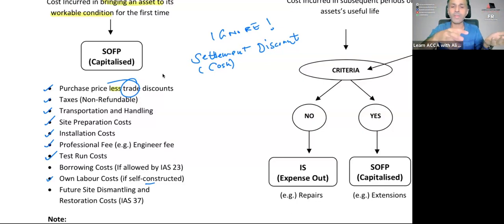The labor cost means the salaries of the staff, the wages of the labor, which will not be expensed out. It will rather become part of the cost of construction of that plant. So if self-constructed or self-installed, then the labor cost will be capitalized, not expensed out.